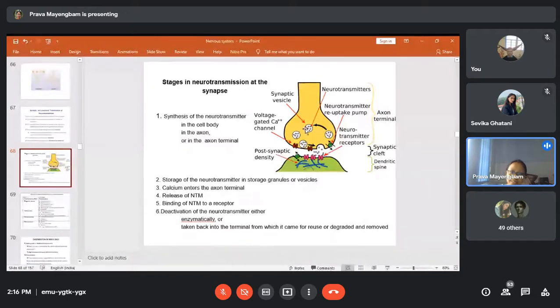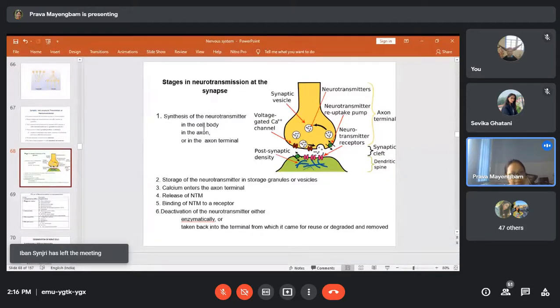The synthesis of neurotransmitters takes place in the axon, and during the whole process of synthesis, it comes down, in the cell body, and then it comes down the axon, and then they are stored in the axon terminal.